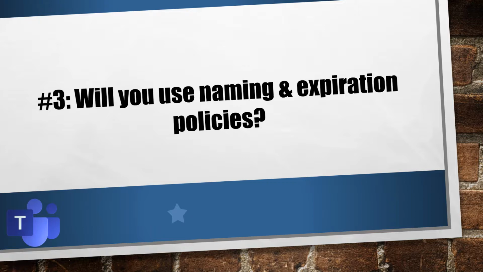You can configure these in a variety of ways. When you set them up, you're going to either be able to apply fixed strings or use attributes from Azure Active Directory when you create that name. The supported attributes you're going to be able to use from Azure AD are department, company, office, state or province, country or region, and title. So you don't have all attributes available, but you do have a pretty good sampling.